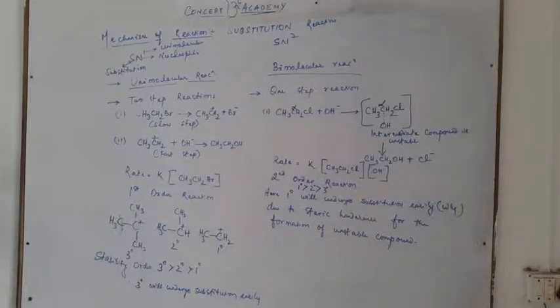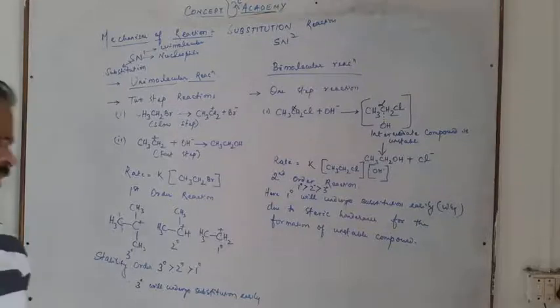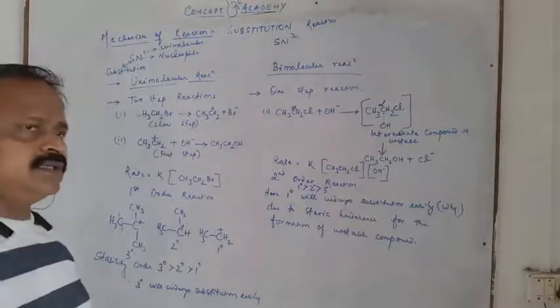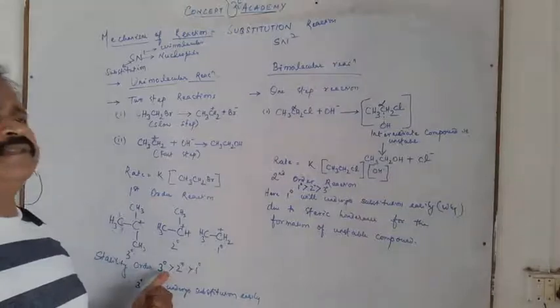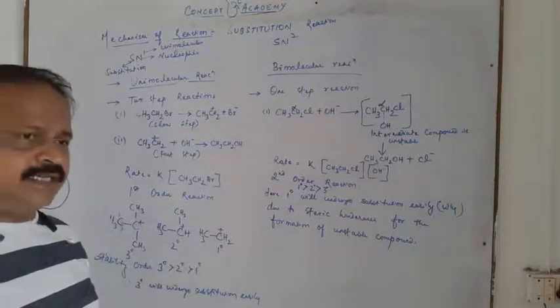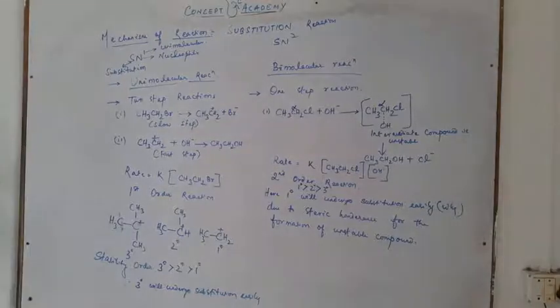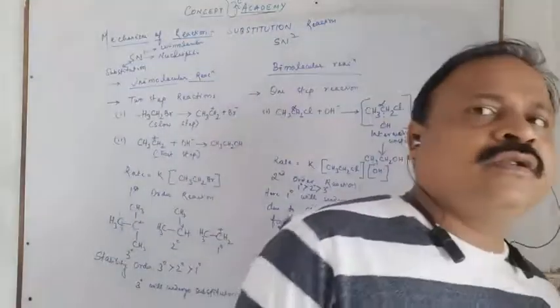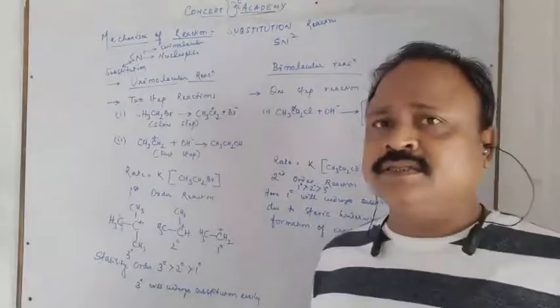Whereas in case of SN1 mechanism, the stability of the carbocations are in the order 3 degree is greater than 2 degree, is greater than 1 degree, due to electron releasing groups, more electron releasing groups.